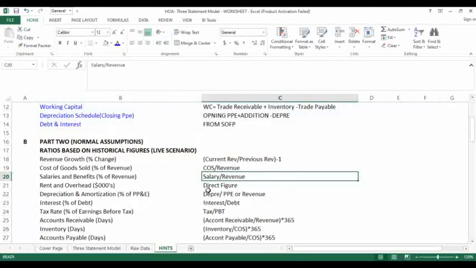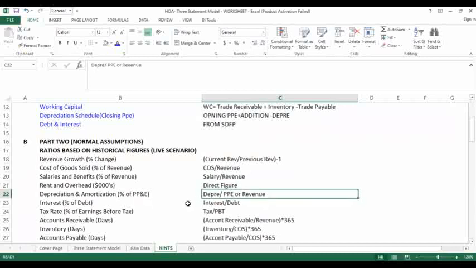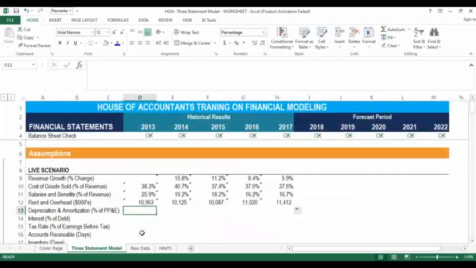So we also have depreciation. Depreciation also is a variable cost because it depends on how you use that equipment, the wear and tear. So it's going to be depreciation over property and equipment.